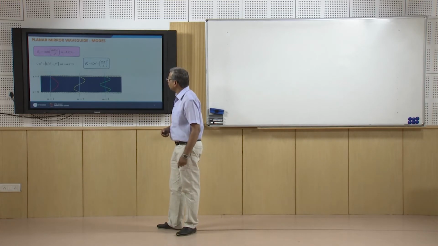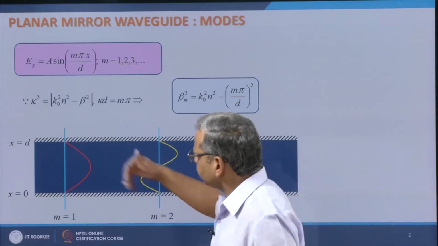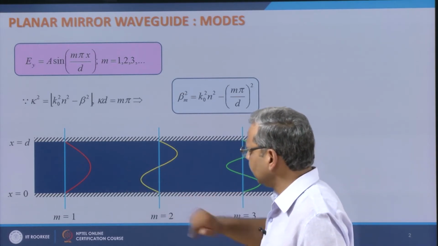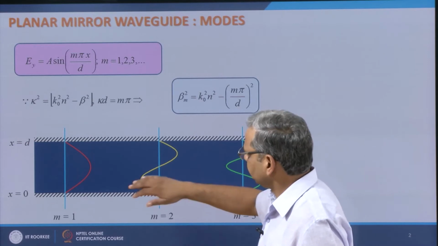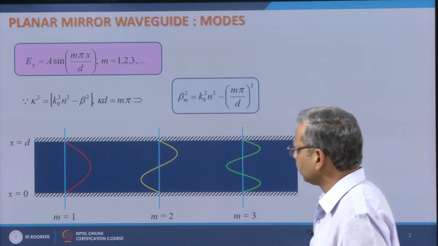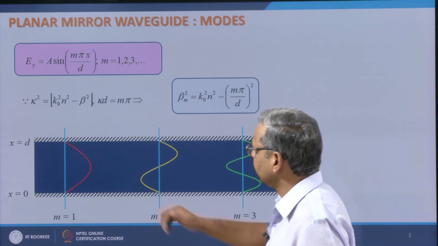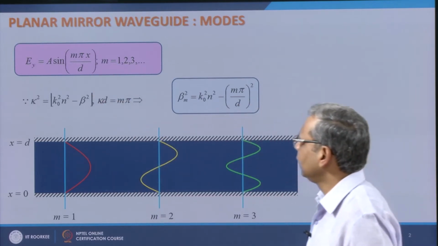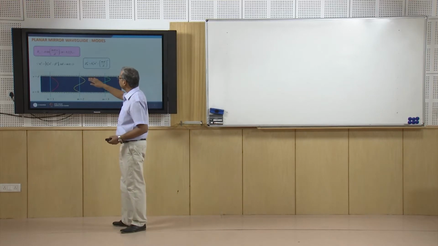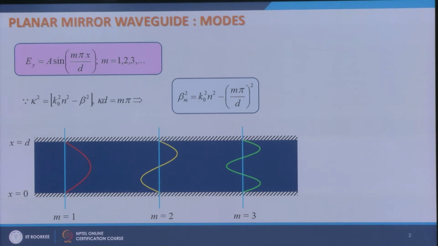I took the planar mirror waveguide which has refractive index n and metal deposited at x equal to 0 and x equal to d, and the modes of this waveguide I found out as Ey equal to a sin m pi x over d, and corresponding beta are given by beta m square equal to k naught square n square minus (m pi over d) square.